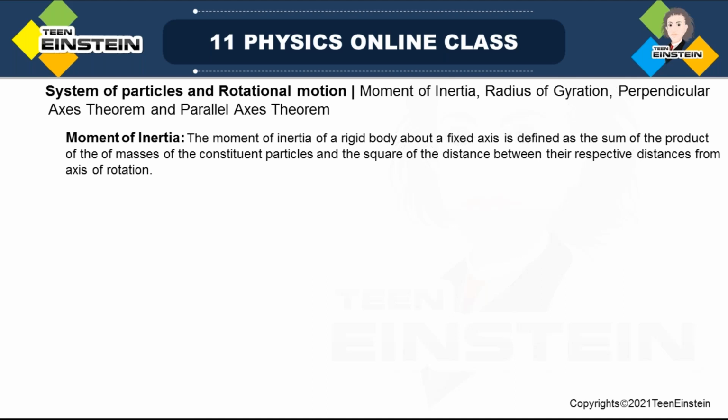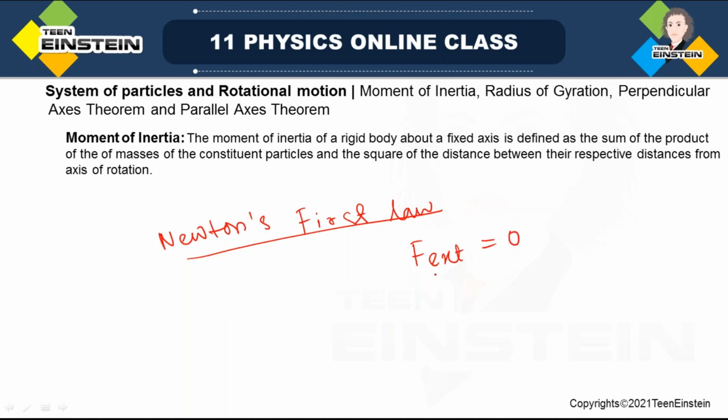So, before I go to the formal definition, let me tell you, philosophically, what moment of inertia is. See, so far we have learnt in the laws of motion, from Newton's first law, that if the external force applied on any object is zero, then what happens?